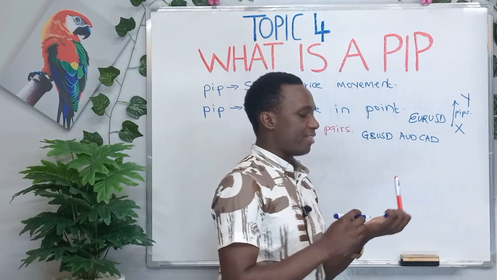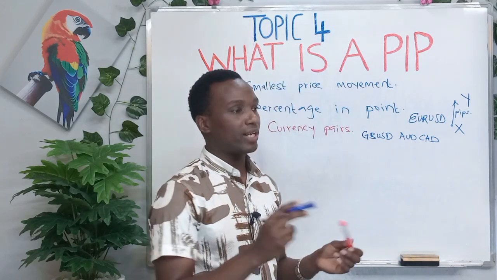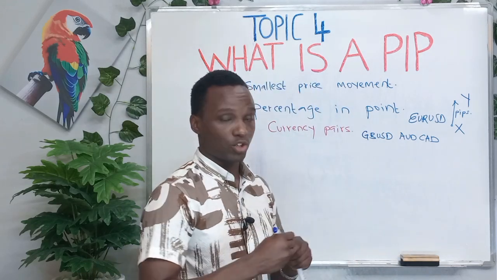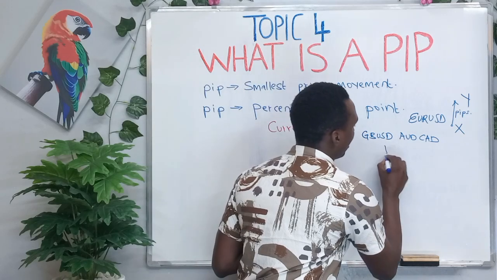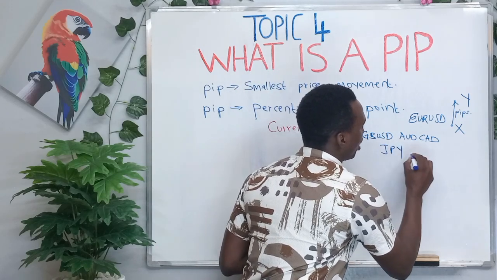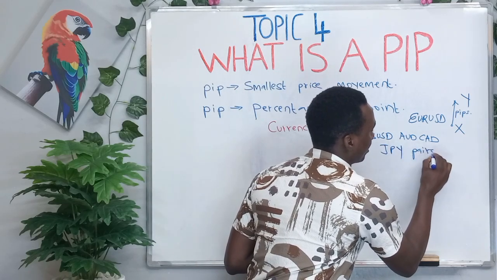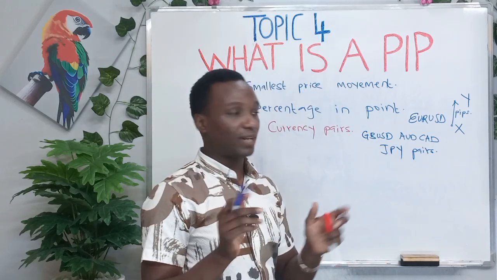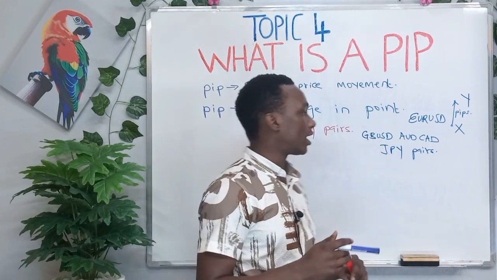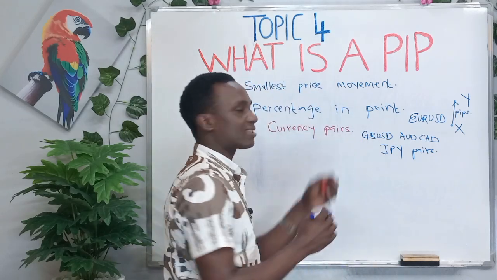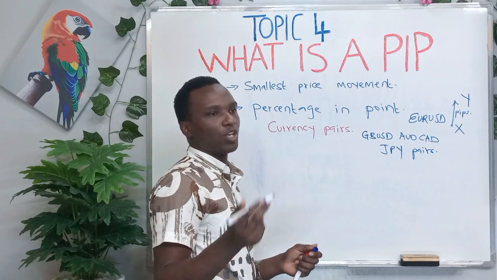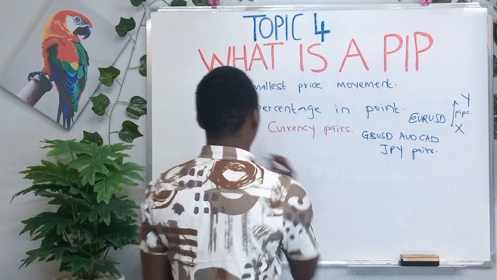And also, there is another variation when it comes to currency pairs, a special case when we look at the JPY pairs, all right? I will explain this as we are going along, all right? Let us first start with our favorite pair, which is the Euro USD.